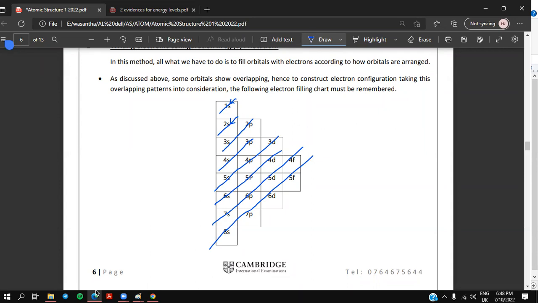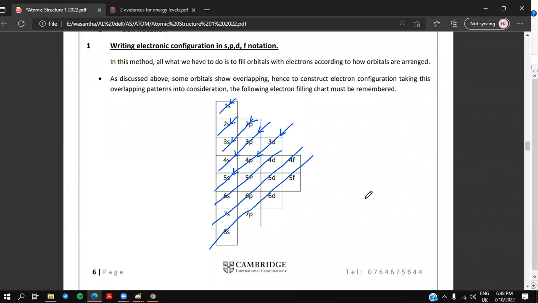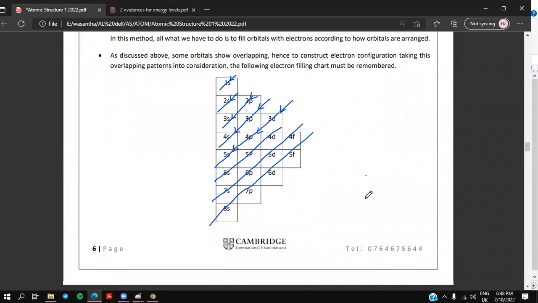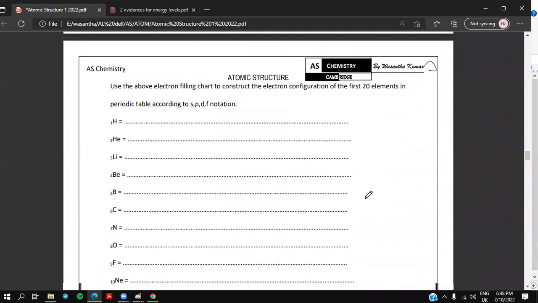Second one is 2s, 2p, 3s, 3p, 4s. Then 3d, 4p, 5s, it goes like that. First you complete these parallel lines. From here, we go to writing electronic configuration.